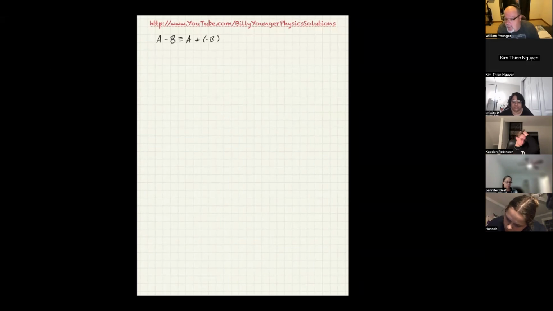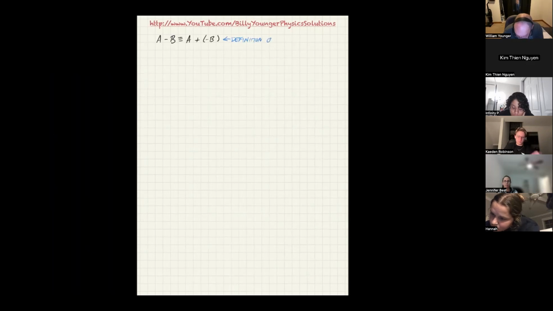And notice the 3 bars there instead of 2 that normally comes on an equals. This is the definition of subtraction. Okay.